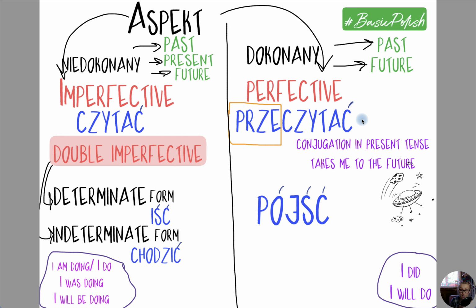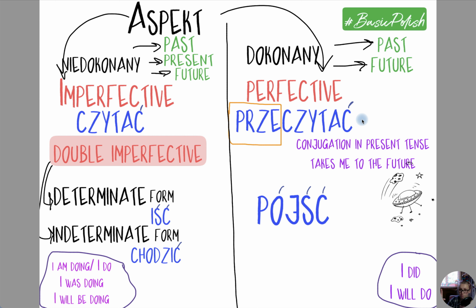I will read, przeczytam. She will read, ona przeczyta. He will read, try guessing, on przeczyta. We will read, przeczytamy. You, plural, will read, przeczytacie. They will read, oni przeczytają.